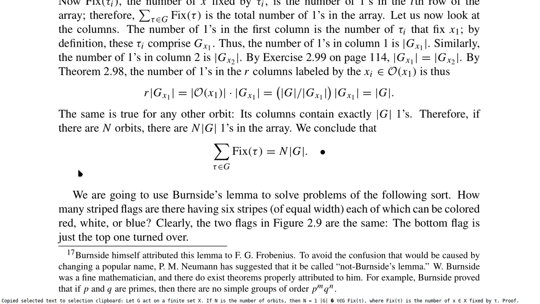So he tries to use this lemma to solve some problems. So how many striped flags are there having 6 stripes of equal width, each of which can be colored red, white, or blue?